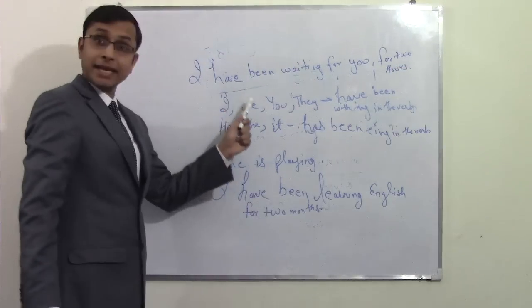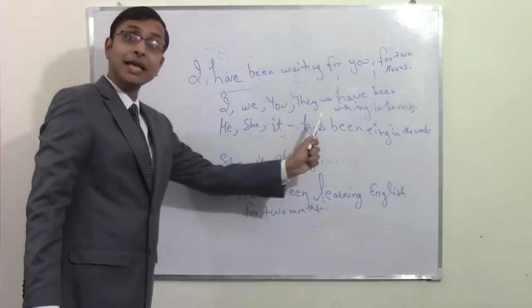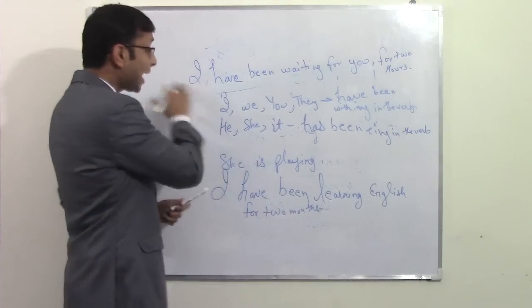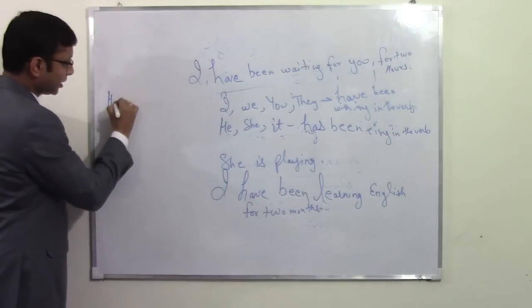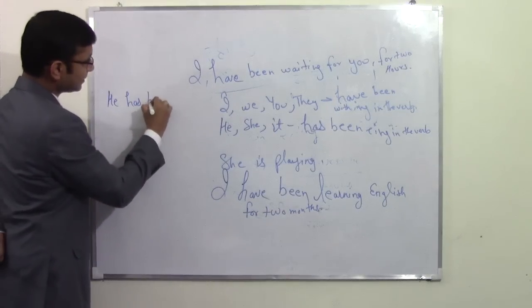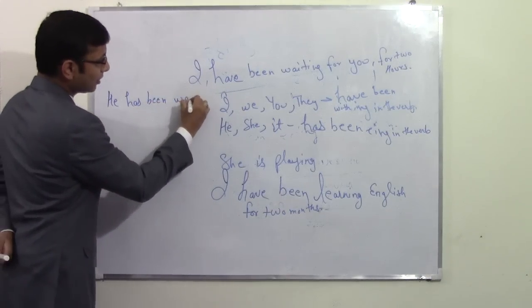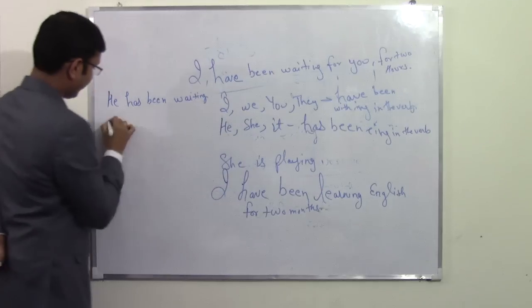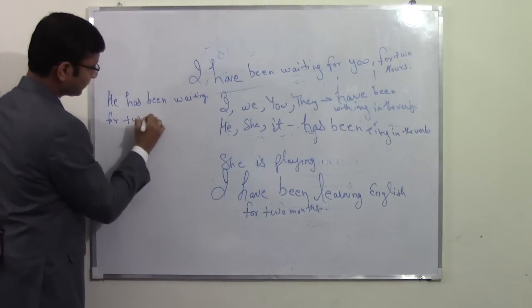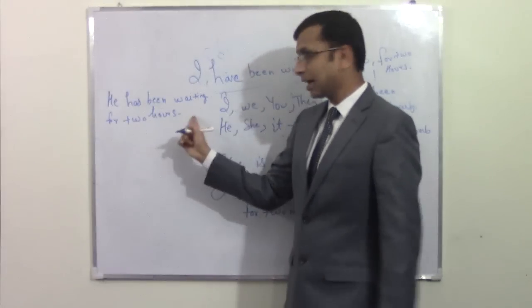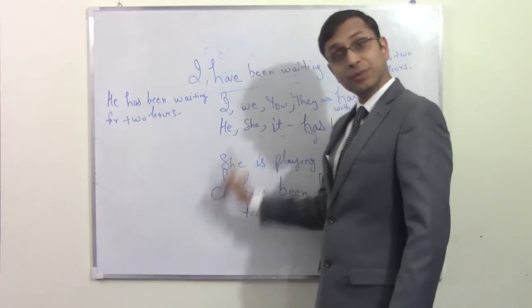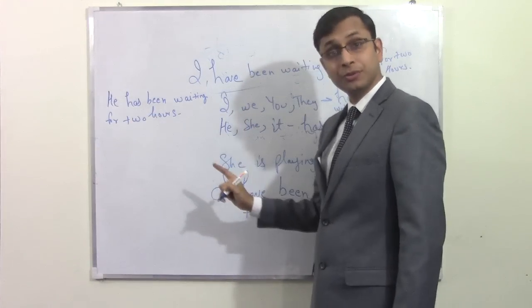So we just added have been plus ing in the verb. और अगर I की जगह हमारा he होता, then we would have written he has been waiting for 2 hours. वो 2 घंटे से इंतजार कर रहा है. Similarly, she has been waiting for 2 hours. I have been waiting for 2 hours.